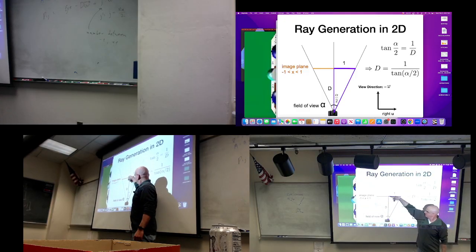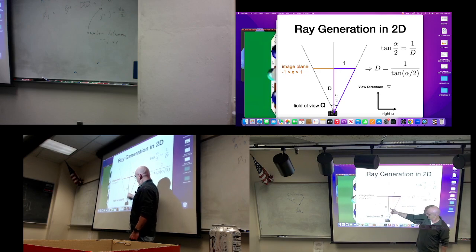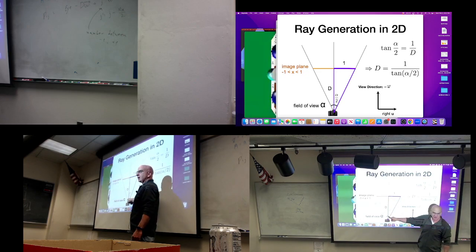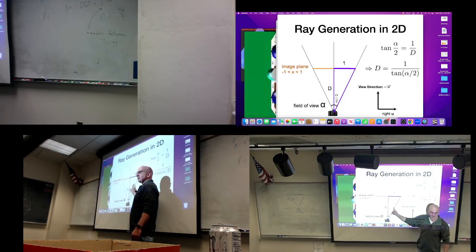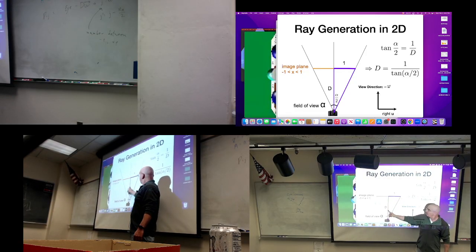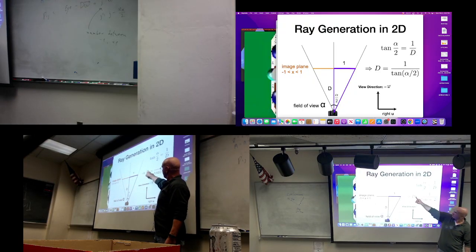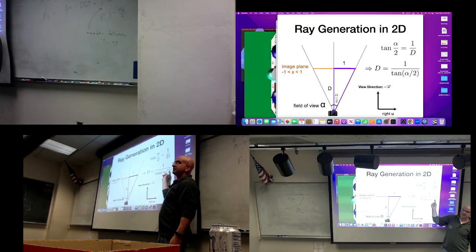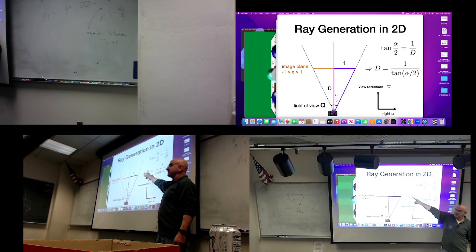Again, you have a right-hand triangle. The edge away from the angle divided by the length of the edge adjacent to the angle, that's a tangent. So 1 divided by D, the length of 1, D is what you need to calculate, is tangent alpha half, or D is 1 divided by tangent alpha half. Okay, and now you know what is this value of D.